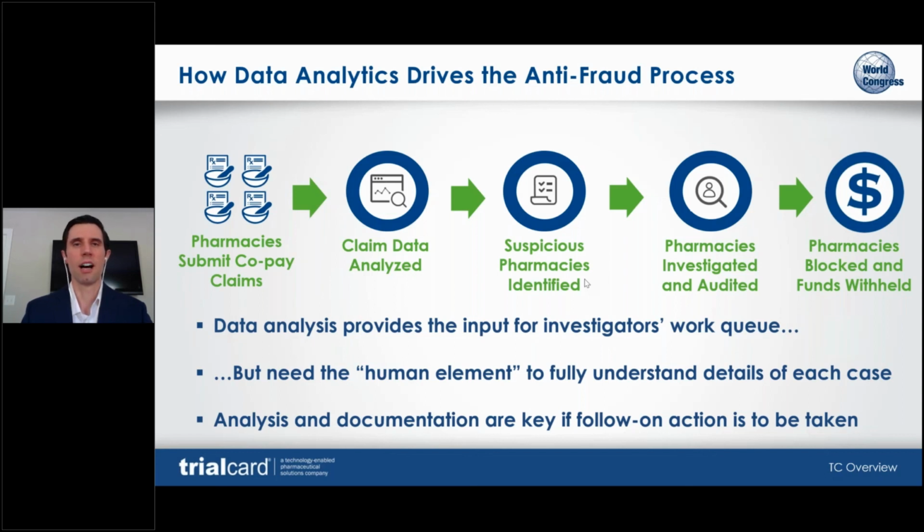But looking at things like pharmacies that get involved in other types of illegal activity or just other sources of information that you can use outside of a copay program claim data set to identify or flag someone, so that when they do have any activity, you're able to catch that sooner rather than waiting until they have enough volume of claim activity, or whatever element of the algorithm causes them to pop up is severe enough that it gets caught. So kind of preventing them from being that category of pharmacy that's able to fly under the radar for longer.